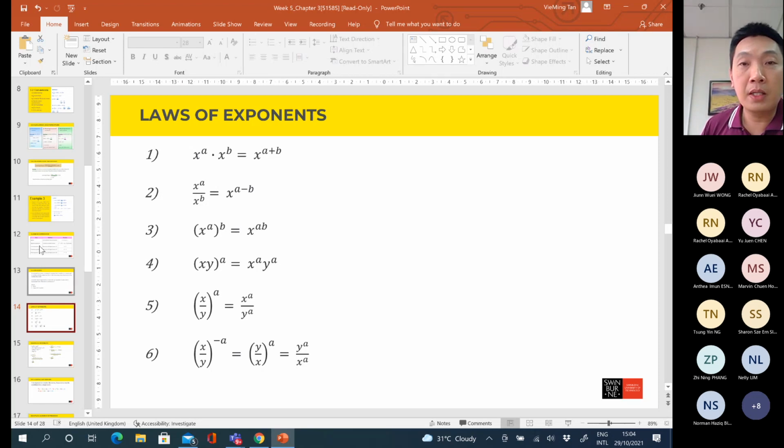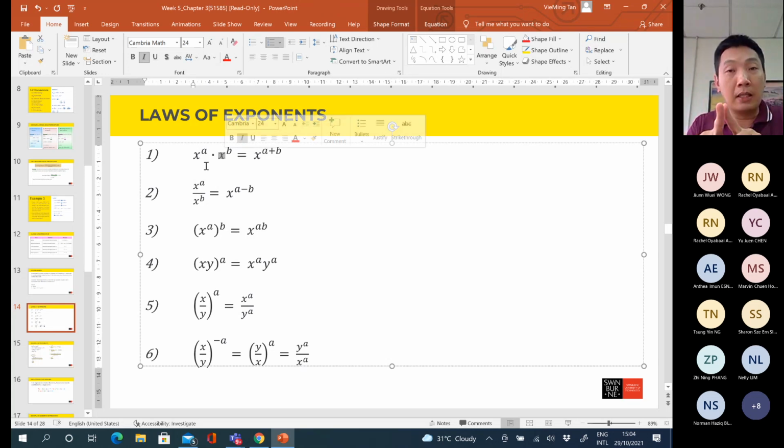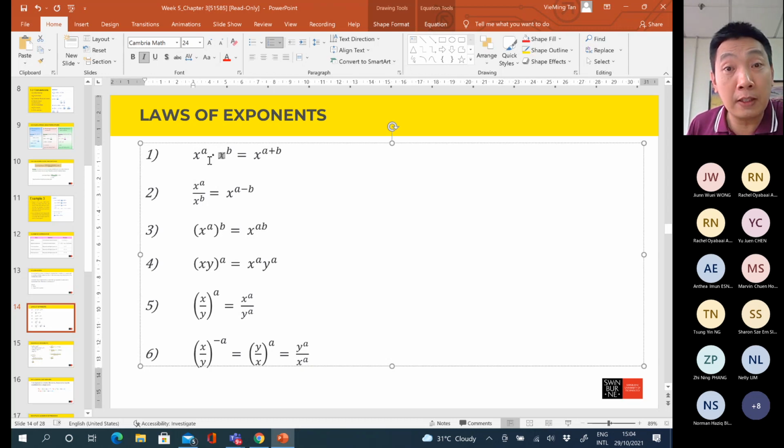The first one is like this: x power a multiplied with x power b. If the base number for both is the same, in this question x, then we can combine the index numbers. If multiplication of the base number is involved, we can combine the power numbers by adding, so it should be a plus b.